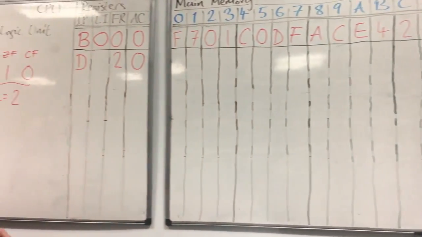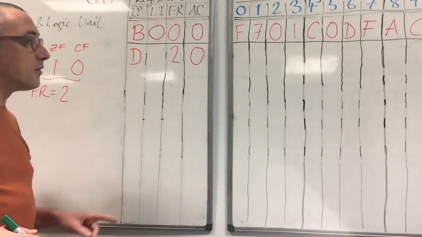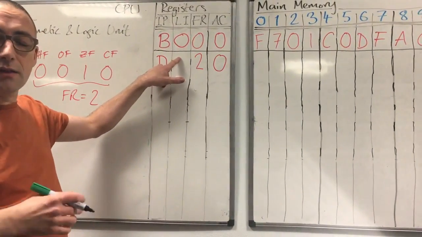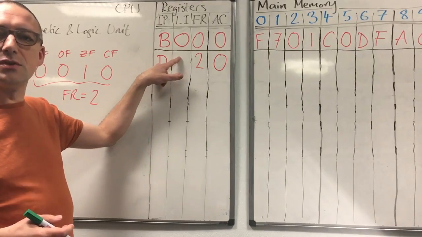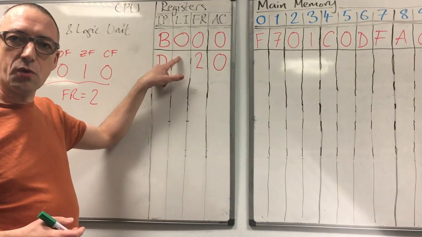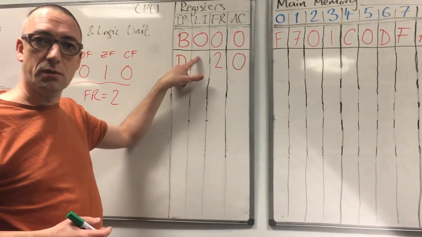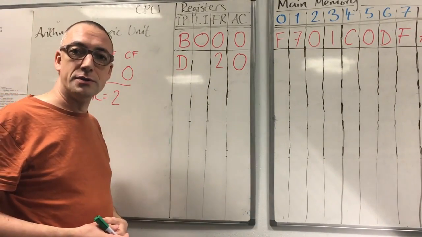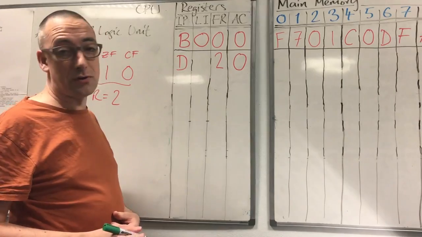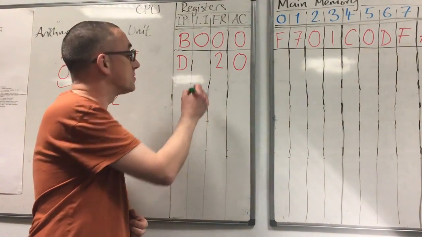It decrements the loop index. However, the current value of the loop index is 0. What happens when you take 1 away from 0? Well, we loop all the way around to F, which is also, in 2's complement, -1.